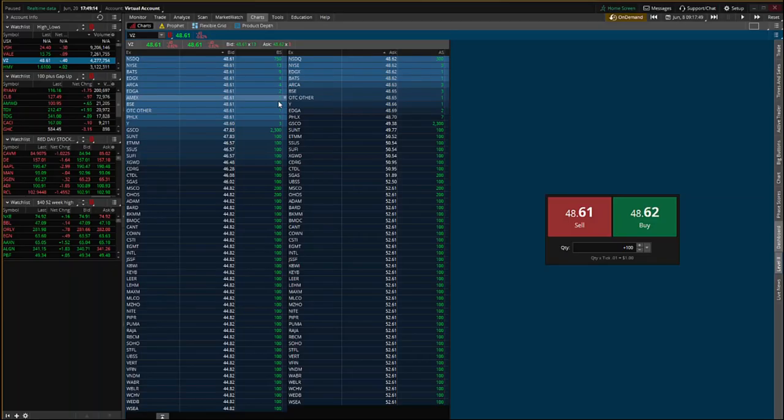If you were going to sell 10,000 shares of Verizon right now, if you went to sell 10,000 into the bid, it would take a big chunk out of there. Now, let's just say there weren't this many shares placed for you to sell into.